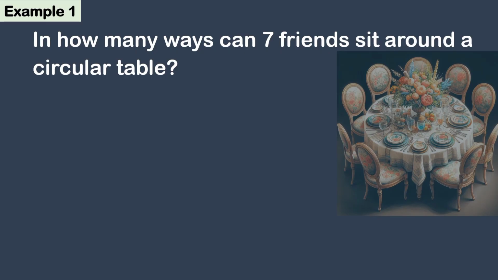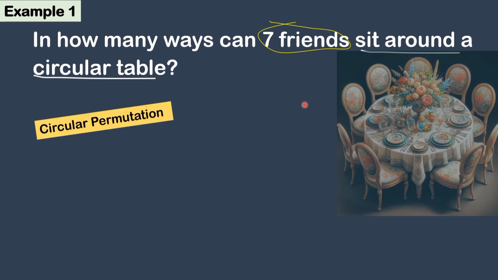Example 1. In how many ways can 7 friends sit around a circular table? This is an example of a circular arrangement. We apply the circular permutation.